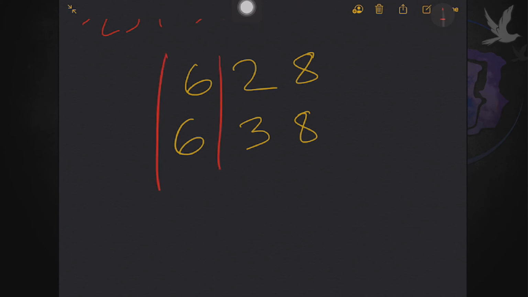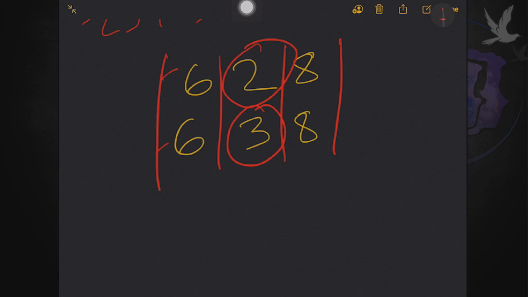The only difference is the second digit, which is 2 and 3. 6 and 6 are the same, except for 2 and 3. So, what do you think is bigger? Which digit has a bigger value, 2 or 3?